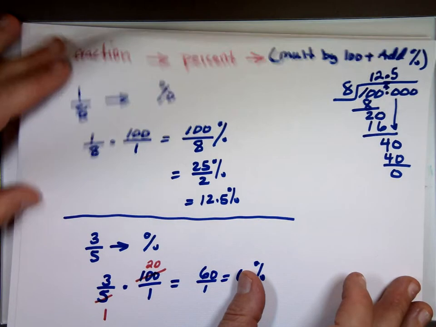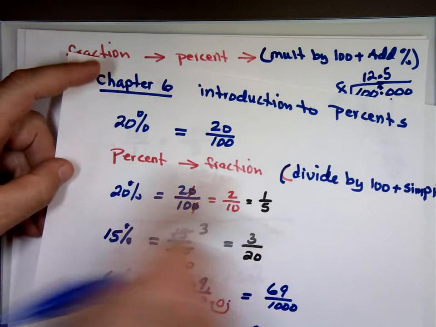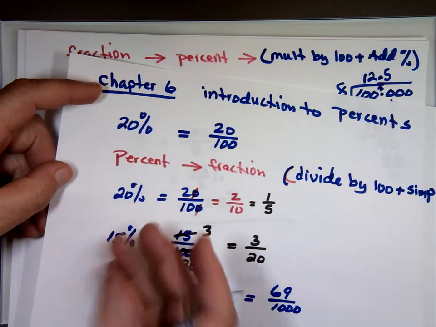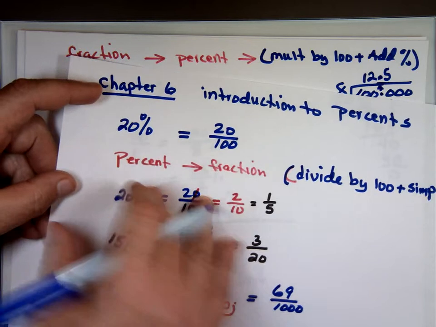So the key is to remember one of them, because once you know what one of them is, if you say, I'm going to memorize this one, percent to a fraction, divide. Keep saying percent to a fraction, divide. When you do the reverse, what's the opposite of divide? Multiply. So you'll just have to know one. Once you know one, you can figure the other one.